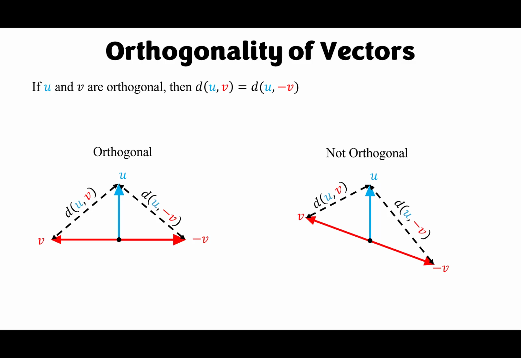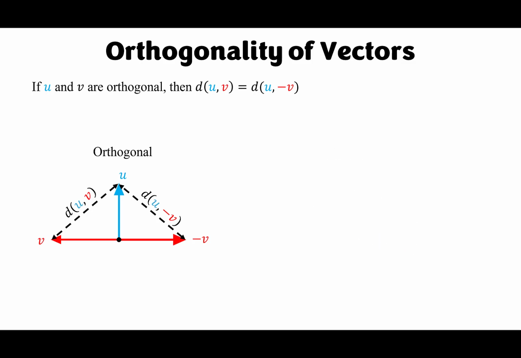All right, let's focus on the orthogonal case. So since those two distances need to be the same, we could also say the squared distances need to be the same. Right? So if the two distances are equal, then also their squared distances are equal. So you'll see why we're working with the squared distances in a moment. This will be a little bit easier to do the math. But we know the distance between u and v, right?